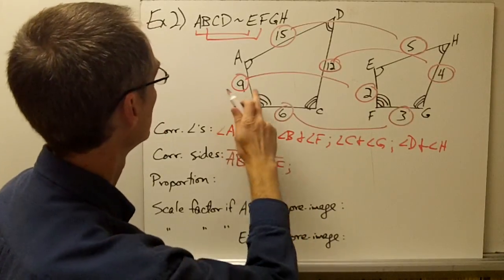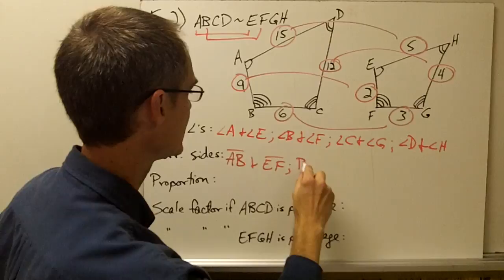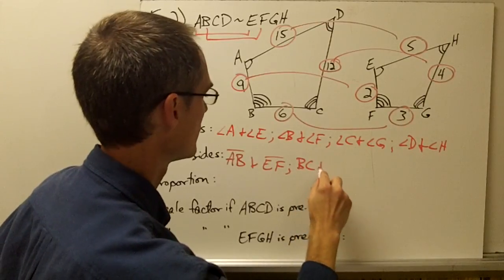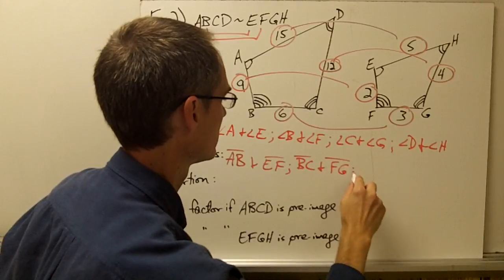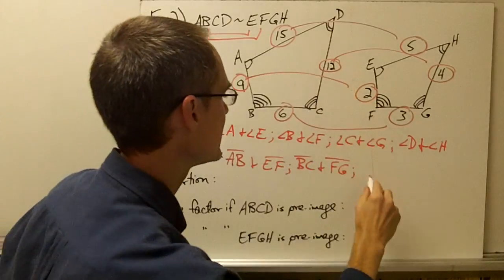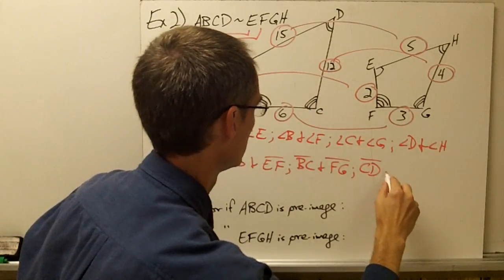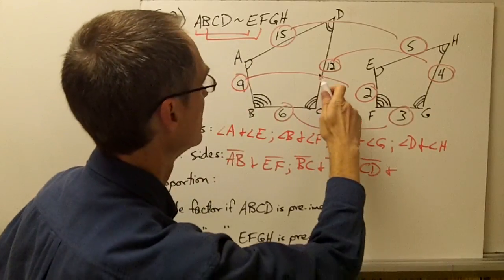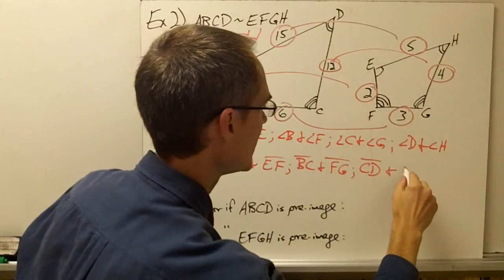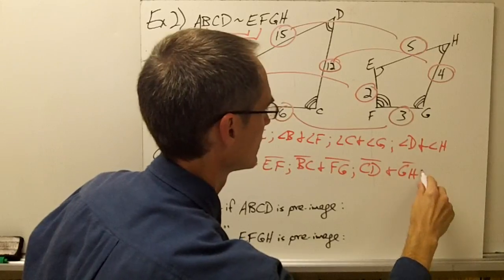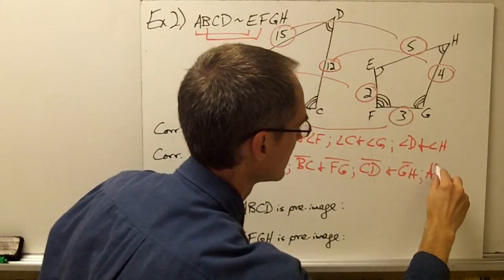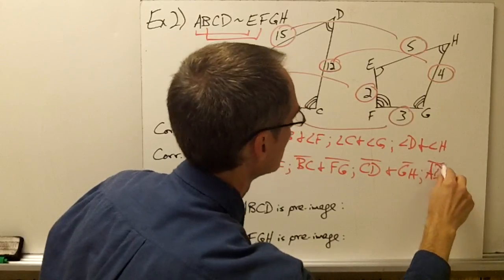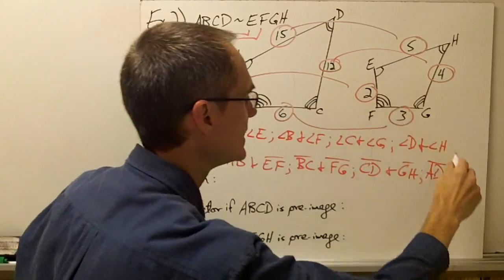Side BC corresponds to FG, side CD, and side GH, and let's see, side AD, and side EH.